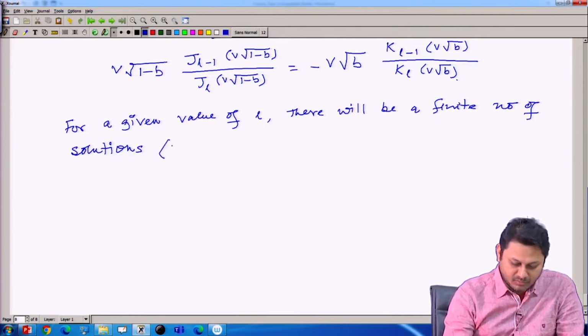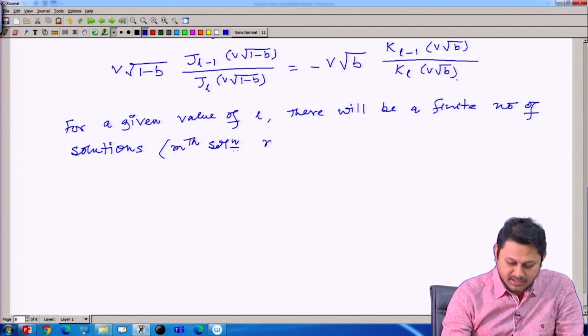And these solutions we write as mth solutions, such as m is equal to 1, 2, 3, 4 and so on.